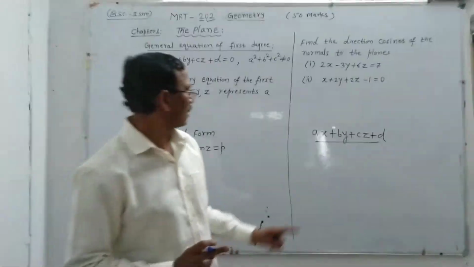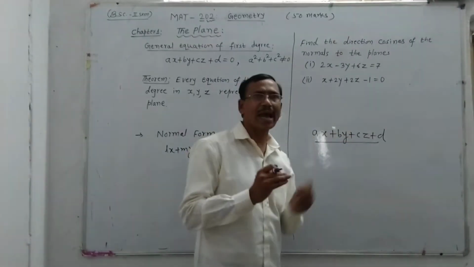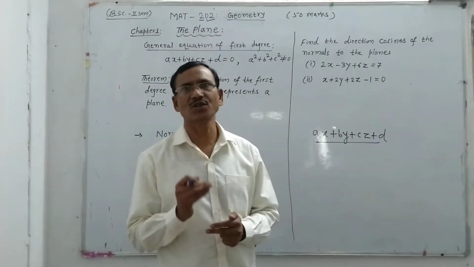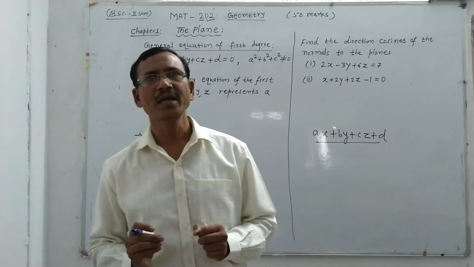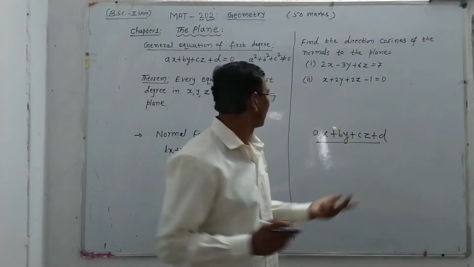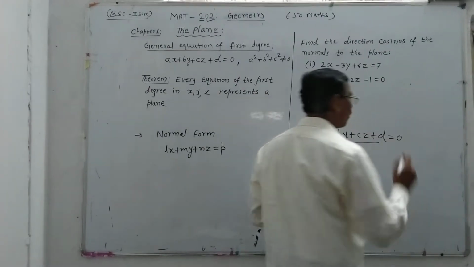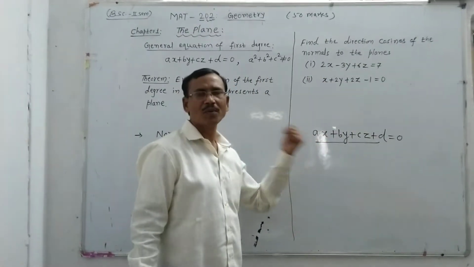The condition is that a, b, c are not all equal to 0 at the same time. At least one of them must be non-zero. If all three become 0, then it will become only d equal to 0. This is the general equation of first degree.